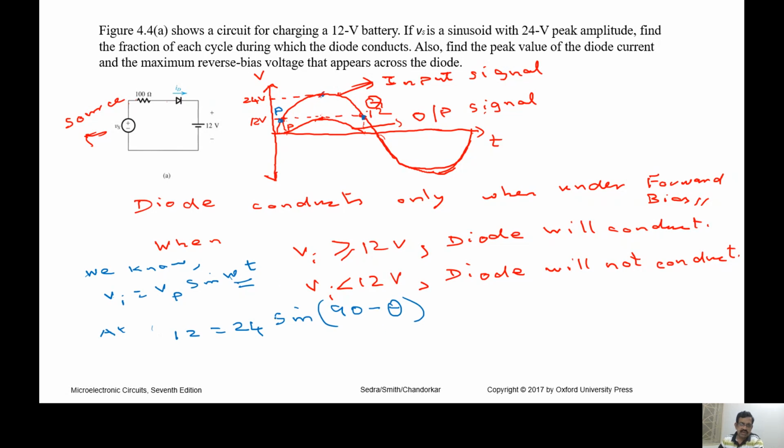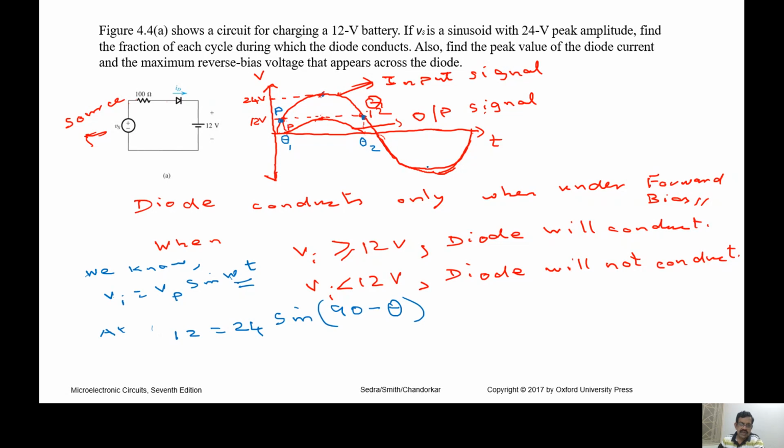But theta 0 means you will not get 12 equal to 24, definitely. So the theta point has to be somewhere here. I assume this point is theta 1. Similarly, you can see theta 2 over here. If I find this theta 2 minus theta 1, I will know the angle of conduction.